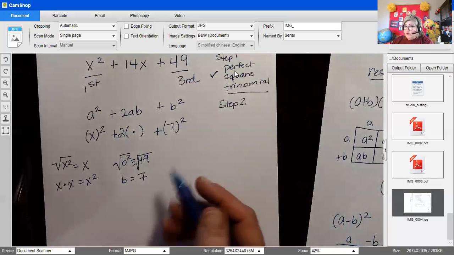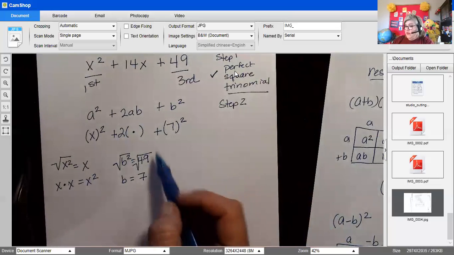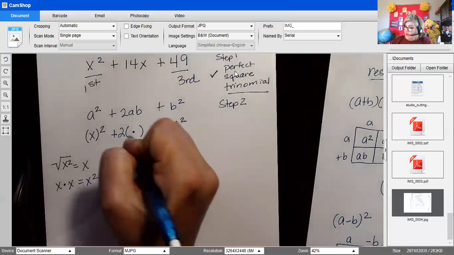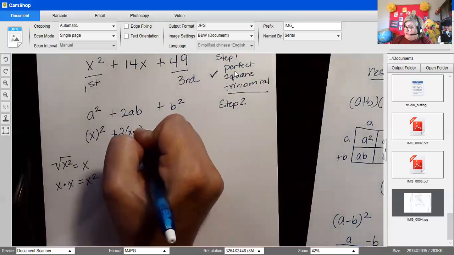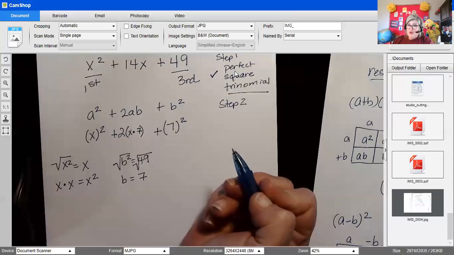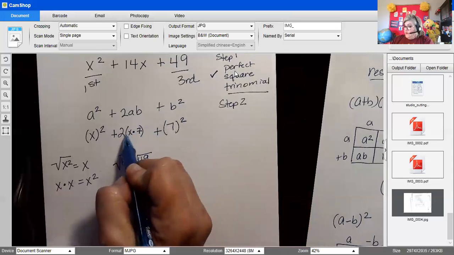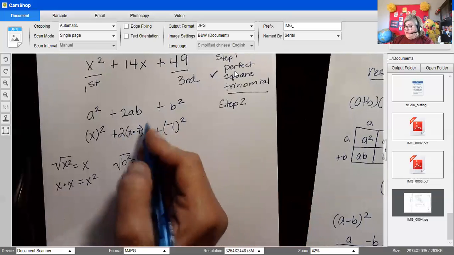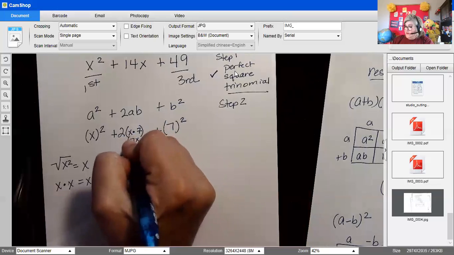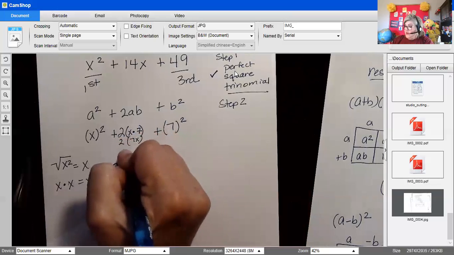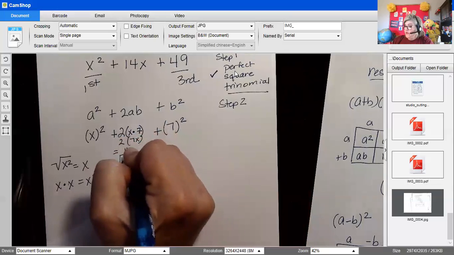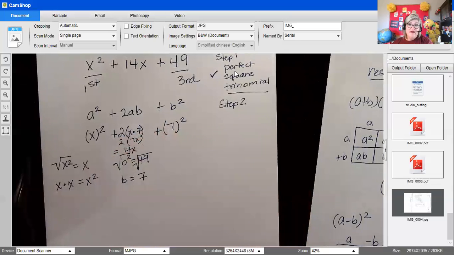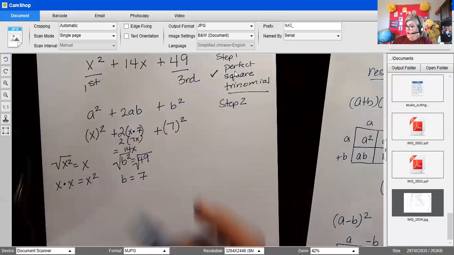If this is truly a perfect square trinomial, then this middle term has to be equal to 2 times x times 7. Well, x times 7 is 7x, times 2 is equal to 14x. So it is a perfect square trinomial.